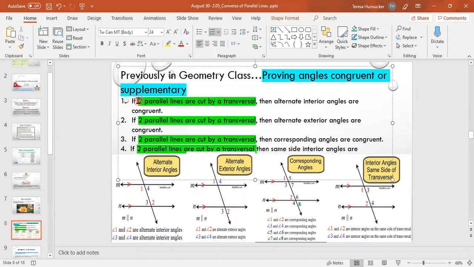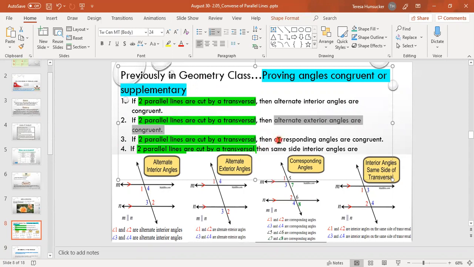So it's going to switch two parallel lines cut by a transversal with what follows the then, alternate interiors are congruent. So if you switch them, the converse would read like this. If alternate interior angles are congruent, then the lines are parallel. So the next one, the converse would say, if alternate exterior angles are congruent, then the lines are parallel, okay?